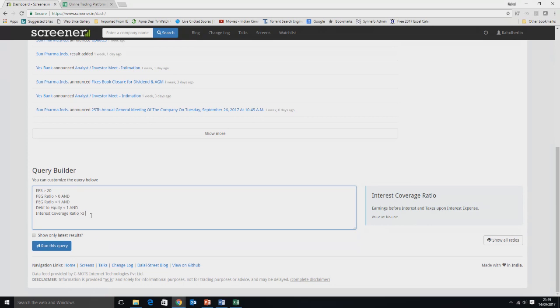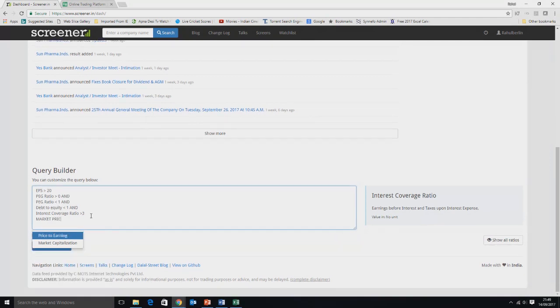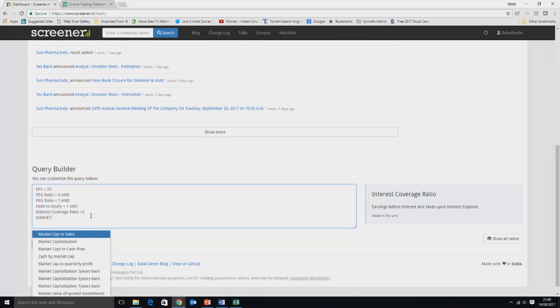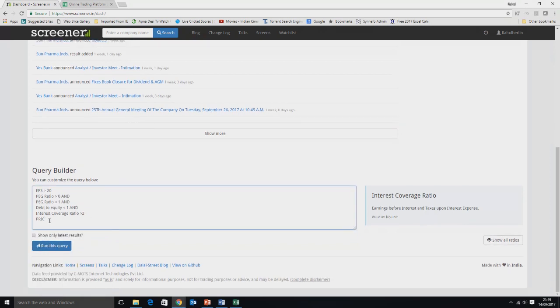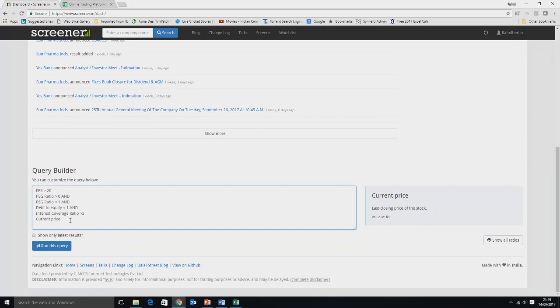And say a market price, say current price should be greater than the book value. So most of our parameters are here.